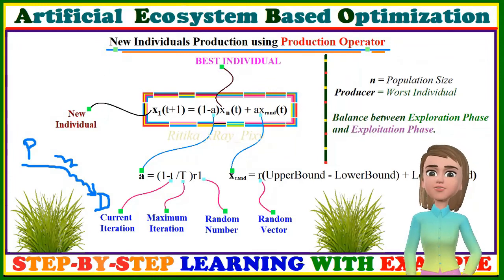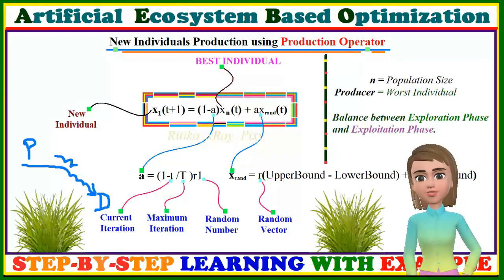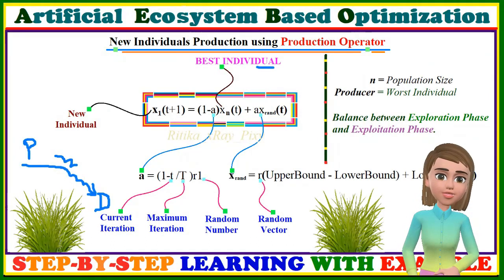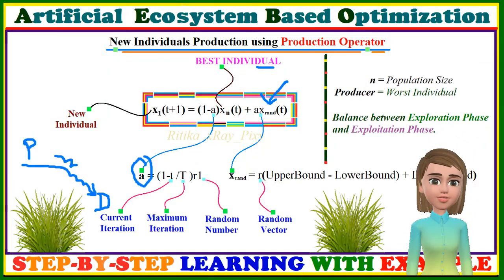Here, the new position for the individuals is generated randomly between the best individual and a randomly generated individual in the search space. Here A is the weight coefficient, and using this we can drift the agent's position linearly from its random position toward the best individual, and we will update the new position within the boundary, that is, in between the upper bound and lower bound.